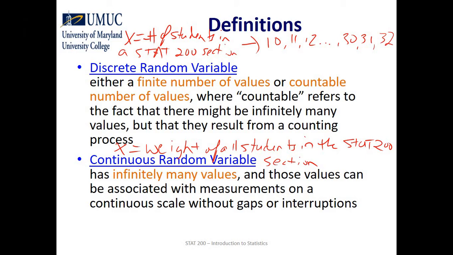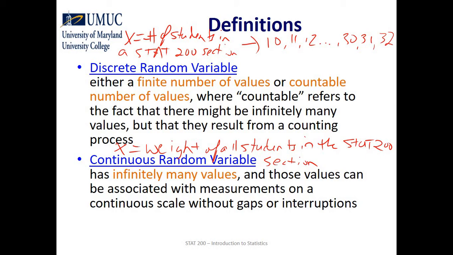You can always get more precise. Some scales have 1 decimal point, some have 2, some have 3. If you're trying to be very precise, you can get one that has 5 or 6 values after the decimal point. So that's a continuous random variable.